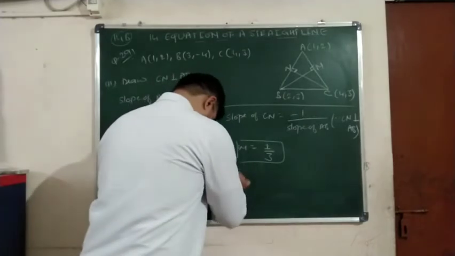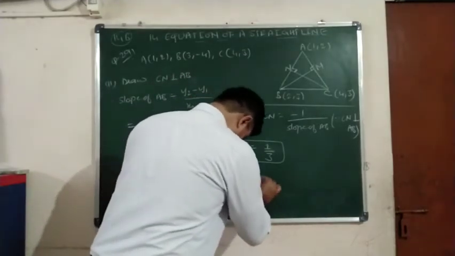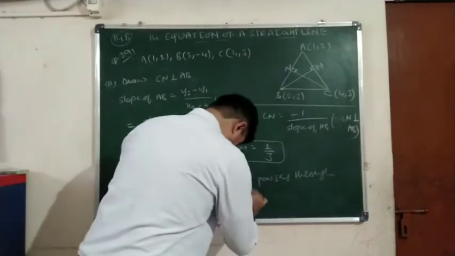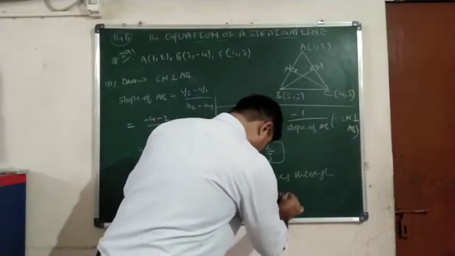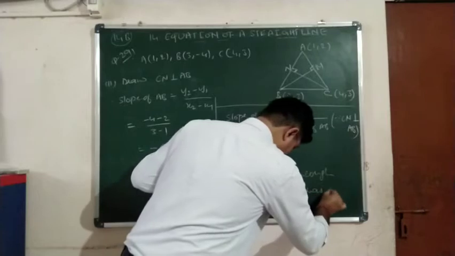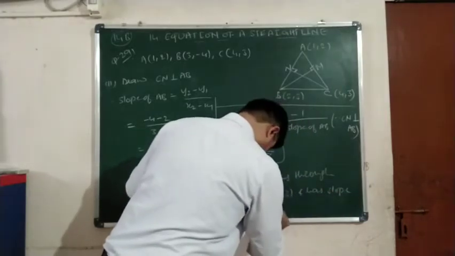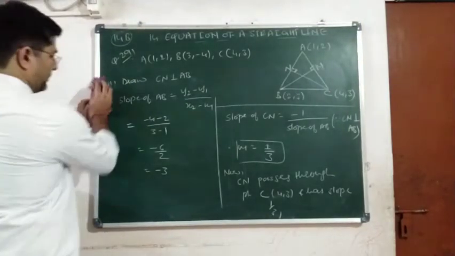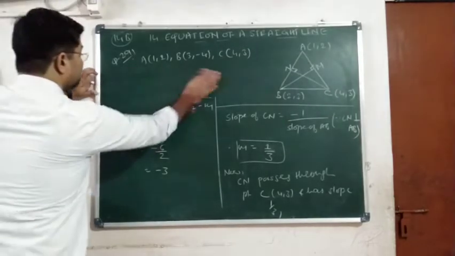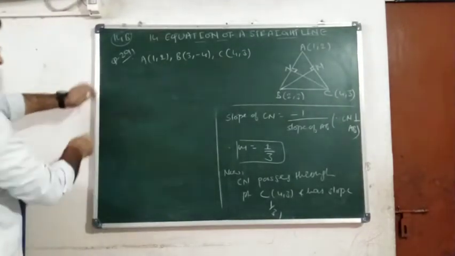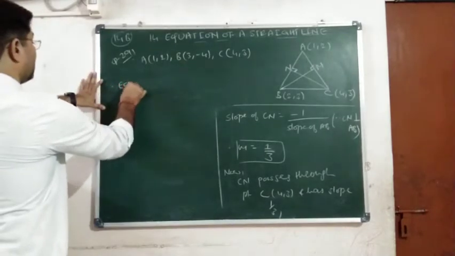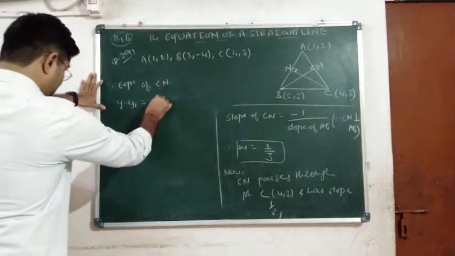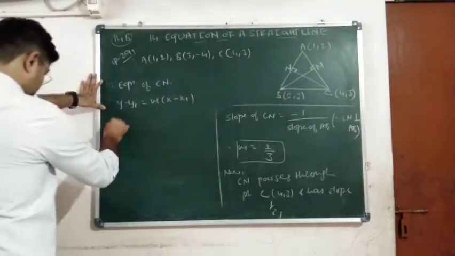Okay, now CN passes through point C(4, 3) and has slope 1 upon 3, and therefore again we will use the point slope formula. Therefore equation of CN: y minus y1 is equal to m into x minus x1.